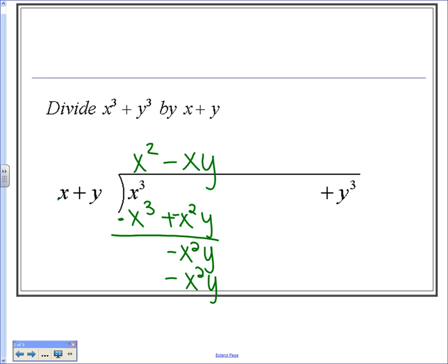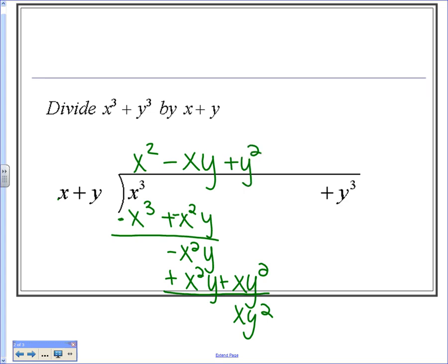Are we done down here? What do we have to do next? Minus xy squared. What do you do after that? Yeah, change the signs. And now what do you have? xy squared. What do you have to multiply x by to get xy squared? Plus y squared.